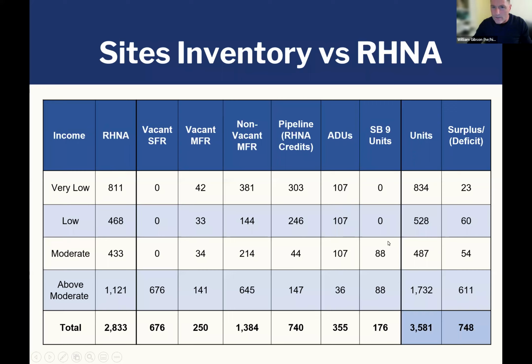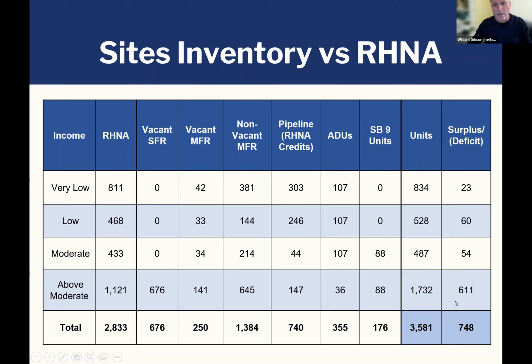And then for SB 9 units, we allocated half of them to the moderate income category and half to the above moderate, which is essentially what we are seeing on the market as well. Most of them are just in the higher income categories as it happens, but not all of them are above moderate. In total units, this column shows how all those categories stack up, and you can see we meet our regional housing needs allocation for every category.